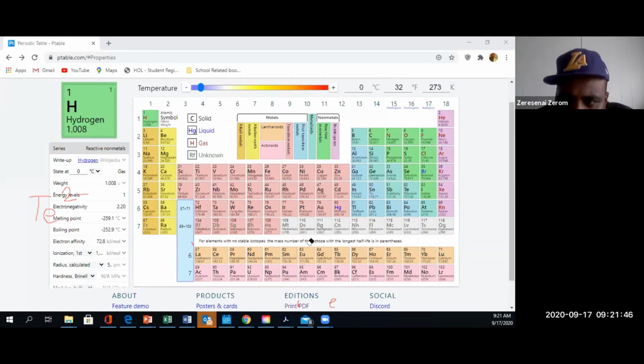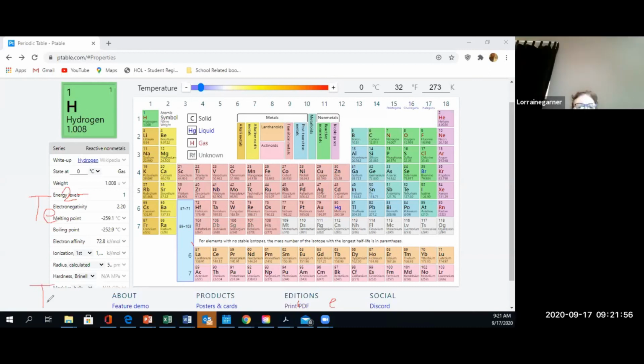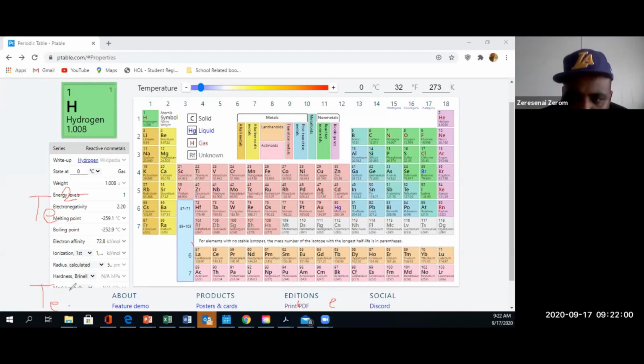So it would be Te, colon, bracket. What's the atomic number for it? Te is number 52. So bracket Kr, close bracket, 5s2.